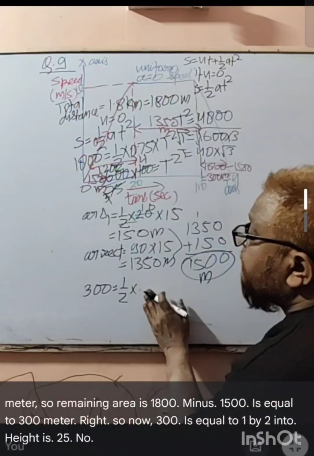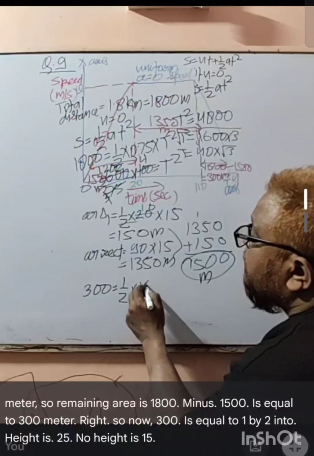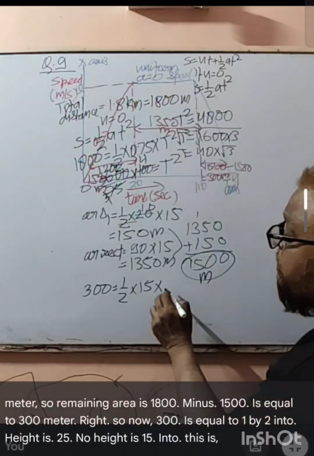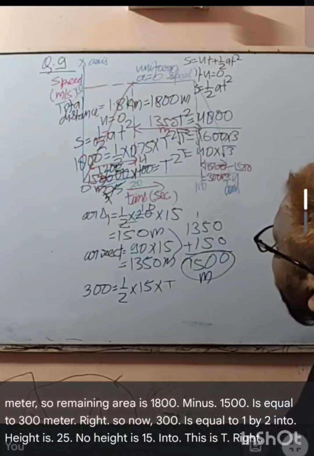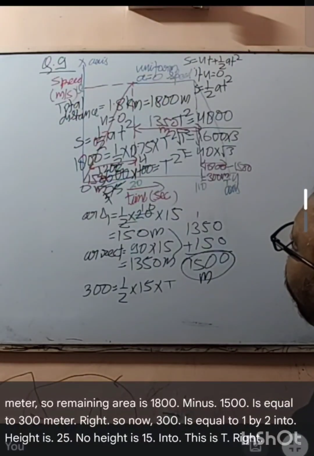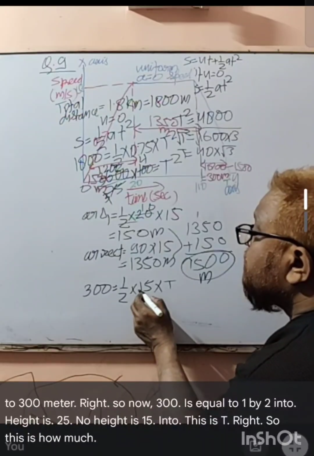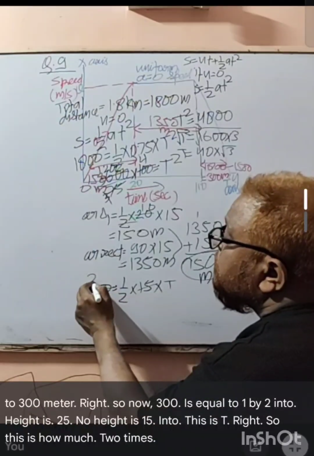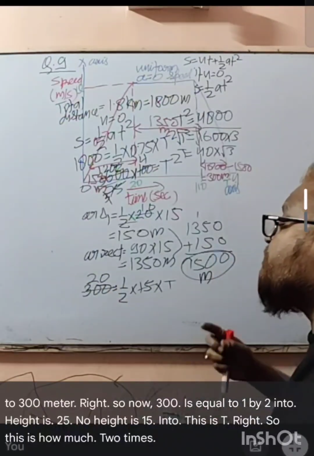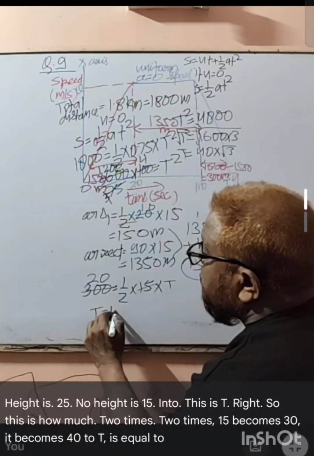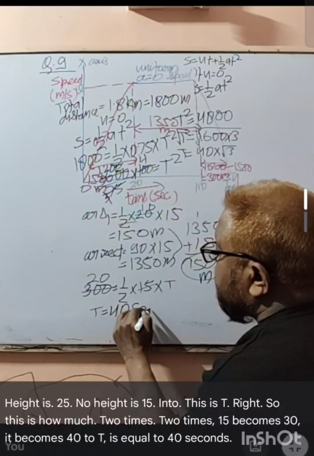No, height is 15 into this is T, right? So this is how much? 2 times 15 becomes 30, it becomes 40. So T is equal to 40 seconds, right?